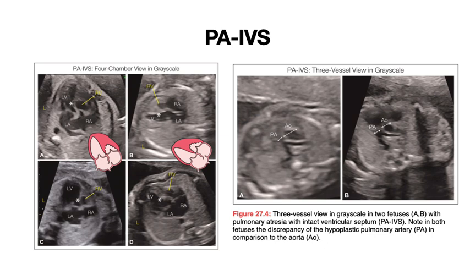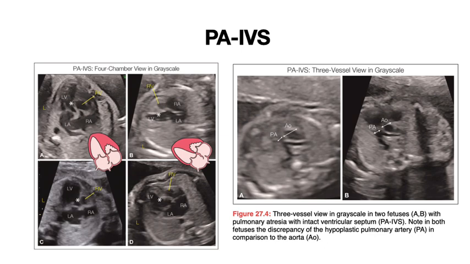And in the three-vessel view, I think this is the pulmonary bifurcation view, or it may actually be the RVOT short axis. But in either case, that's the view where you are at the level of the aortic valve and pulmonary valve.